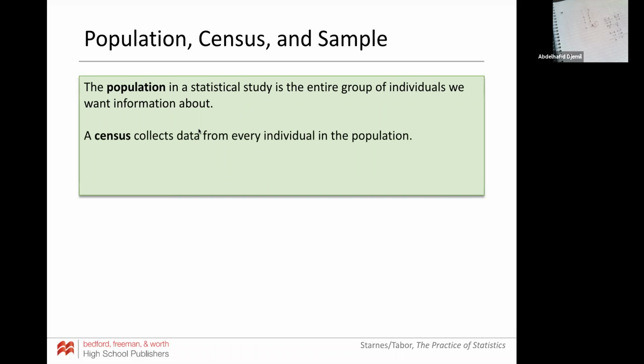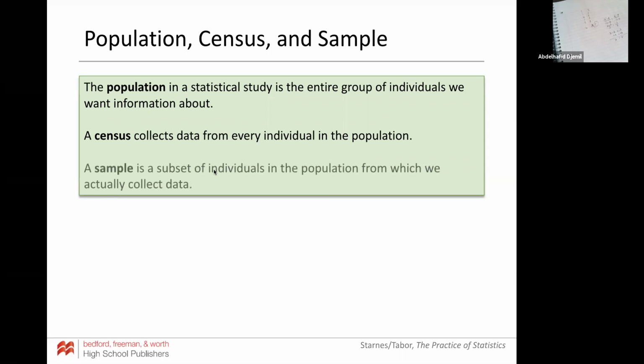When we have a census, it means that we're going to be collecting the information from every single person in the population. That is a census, like the census of the United States of 2020, where they collected the information from every single person. Every single individual in the population is included in the census.